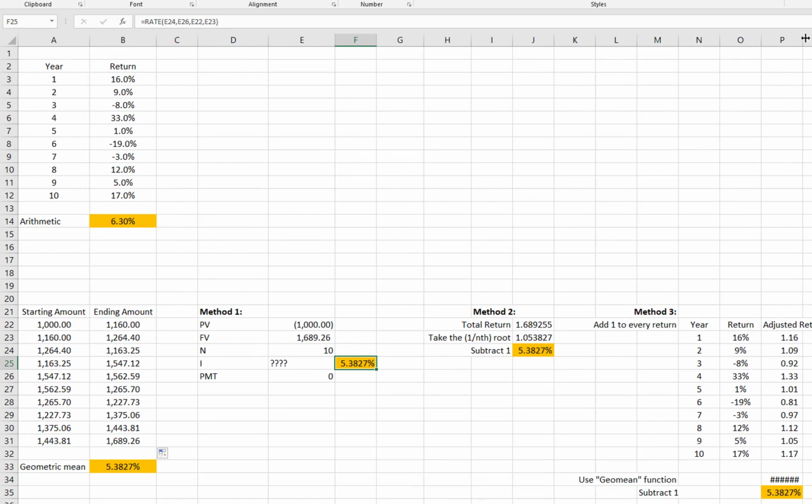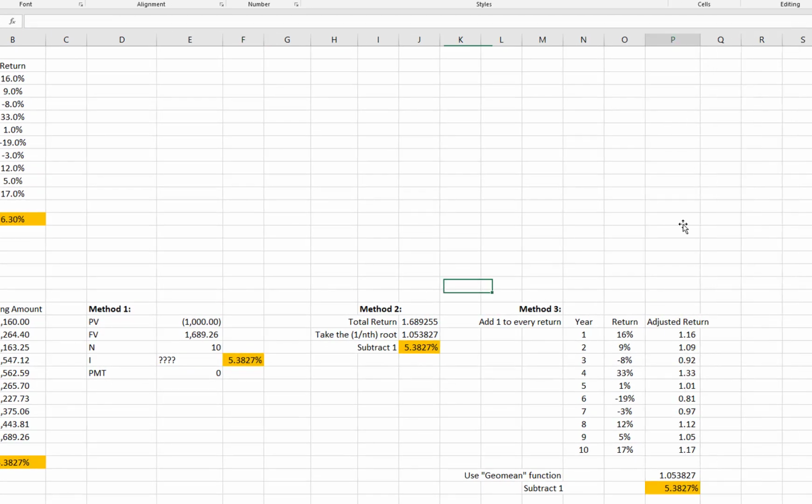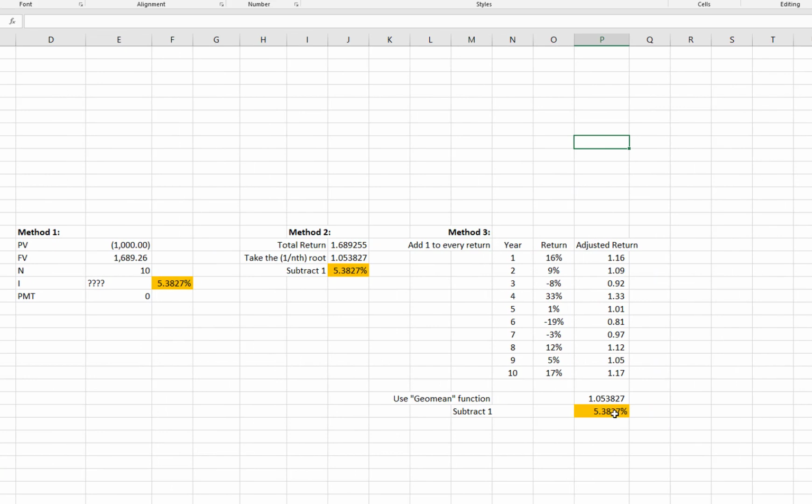And then lastly, there's a third method we could use, and that is to use a function in Excel called the GEOMEAN function. That's what this cell is doing here. But before we can use the GEOMEAN, which is a geometric mean function, we have to transform or adjust the returns that we see.